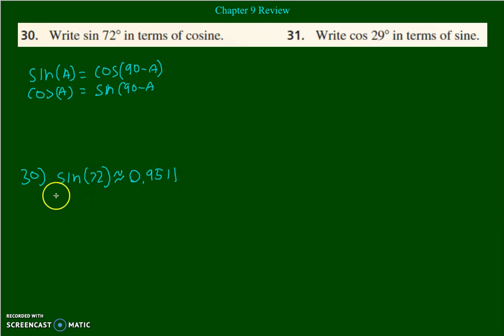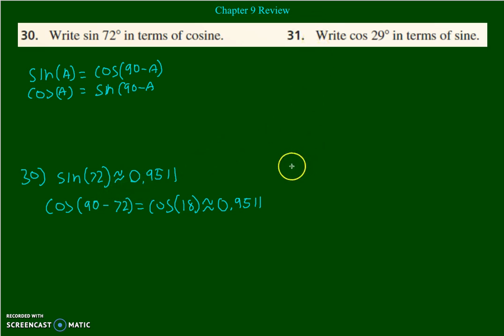And that should be equivalent to cosine of 90 minus 72, which is the cosine of 18, which is also approximately equal to 0.9511. So these are the cofunction identities.